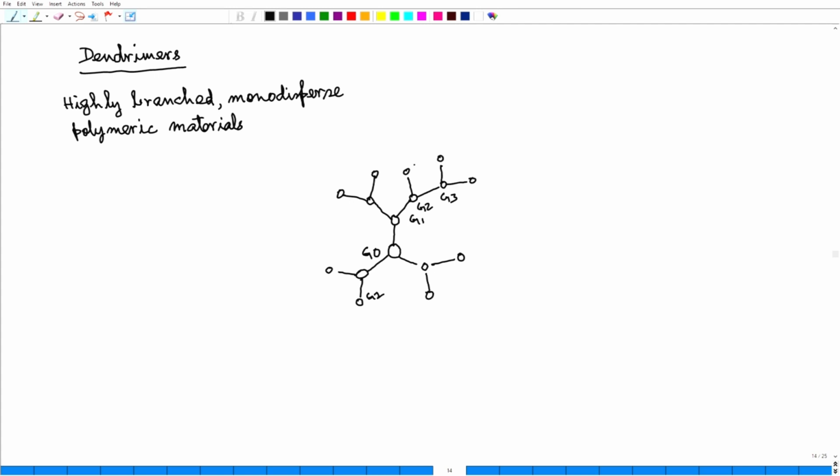Then G4. You can understand that we have to stop here. We are forced to stop. That is called the periphery. At the periphery, we are forced to stop because they are coming closer and closer. Here I have gone up to G4.